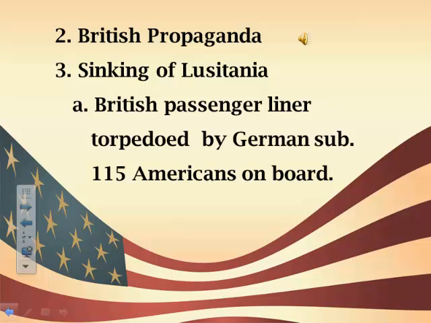There were over 1,200 people on board, including 115 Americans, and the Germans claimed that they believed that there were weapons or some war materials being transported on this passenger liner, when in fact they were correct. There was small arms ammunition being transported to the Allied powers.